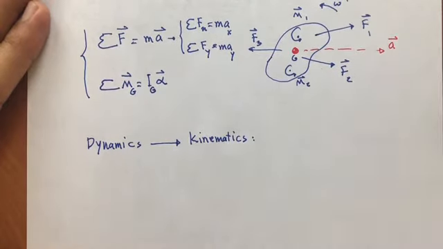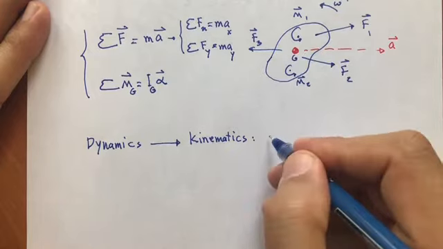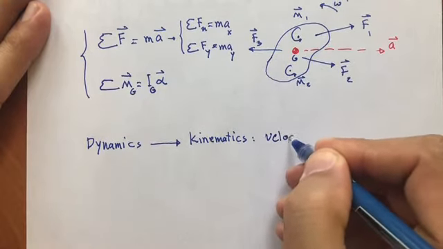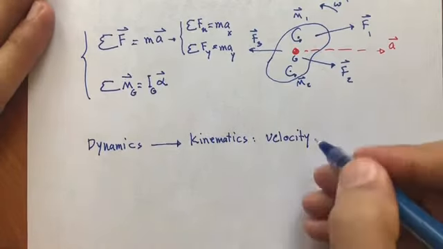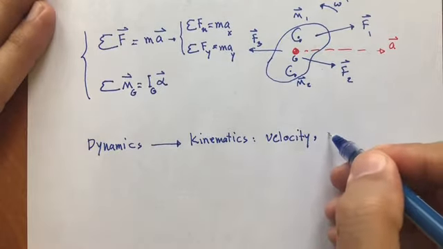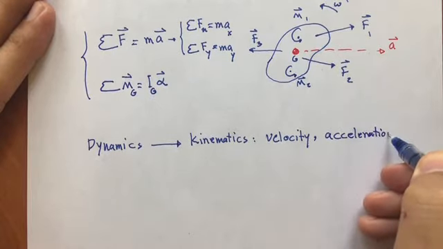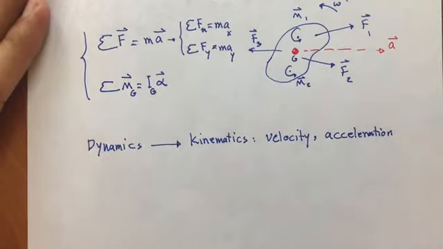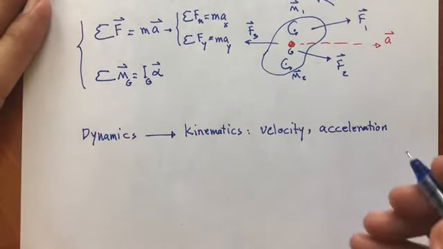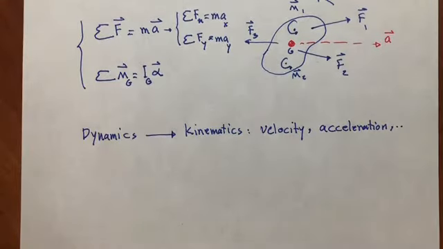What's the meaning of that? We are going to talk about, for example, the velocity of a rigid body or maybe a point mass. If we talk about the velocity or acceleration without talking about the force, that is called kinematics. We are analyzing the kinematics of the body without knowing anything about the force.